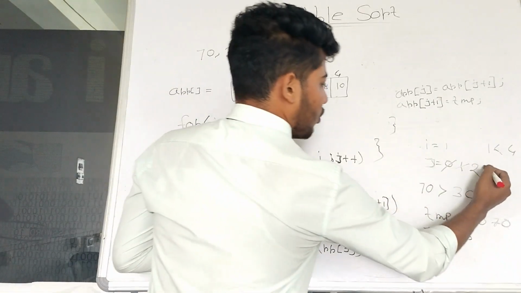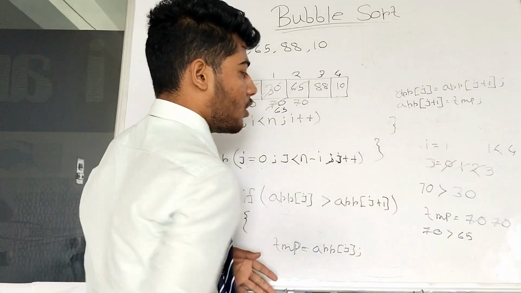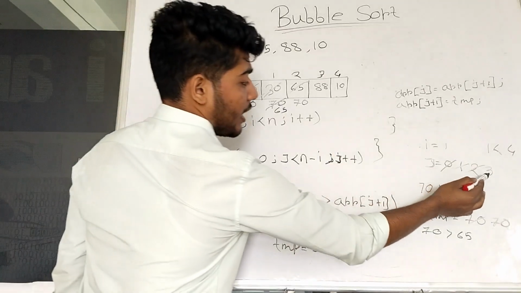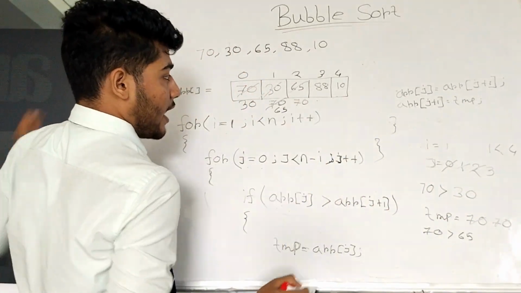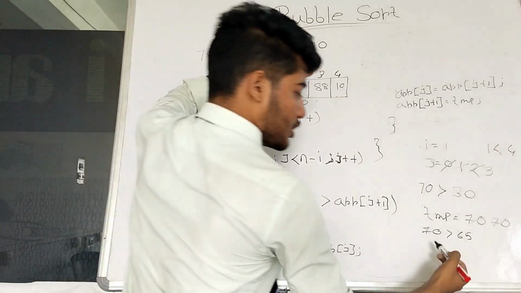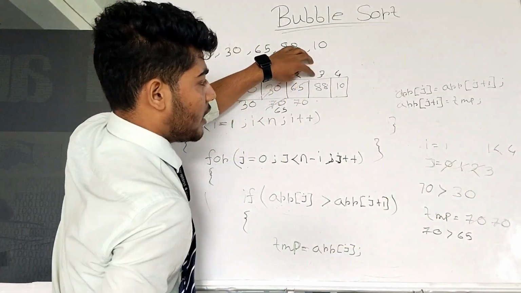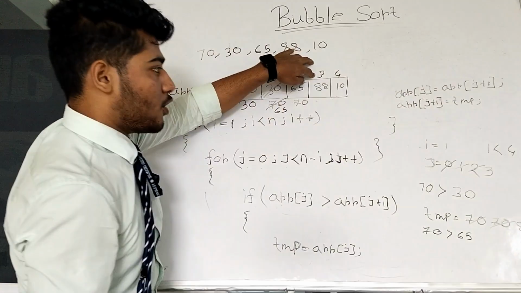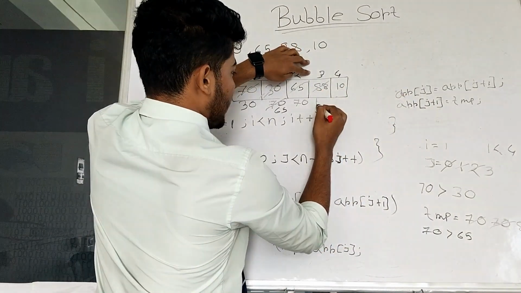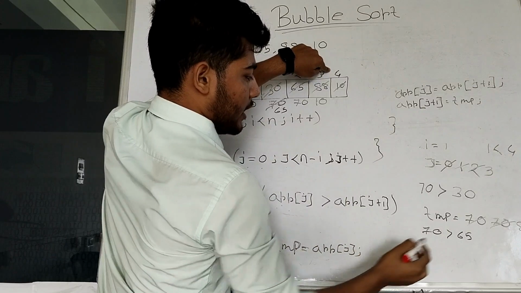Now the next j value will be 3. 3 less than 4, n minus i means 5 minus 1, 4, yes, so it will enter the loop. arr[3] is 88, greater than arr[4], which is 10, it's true, so it will swap, interchange. tmp will be arr[3], which is 88. arr[3] will be arr[j+1], whose value is 10, so 10 will come here, and arr[j+1], which is arr[4], will be tmp, which is 88.